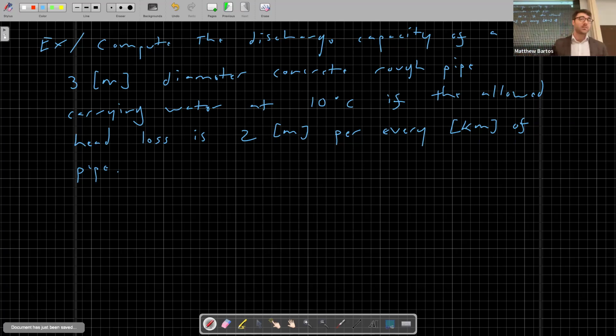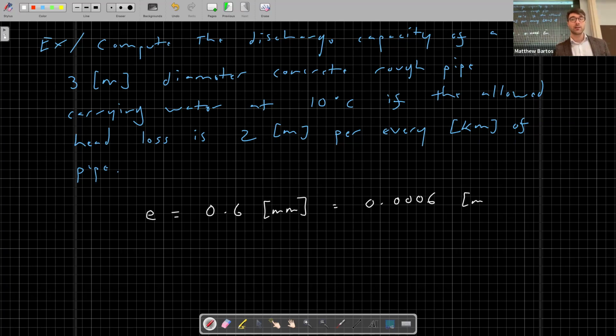So what is the roughness height that you should use for this problem? What is our value for epsilon, the roughness height? 0.6 millimeters. You can find that from the tables under Canvas pages, references. So this corresponds to about 0.0006 meters.